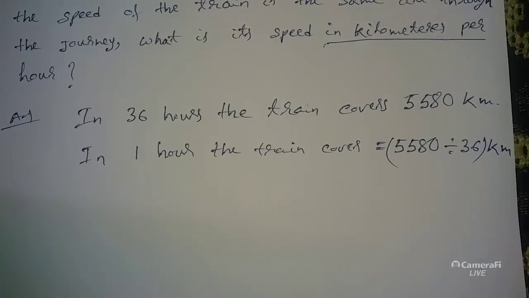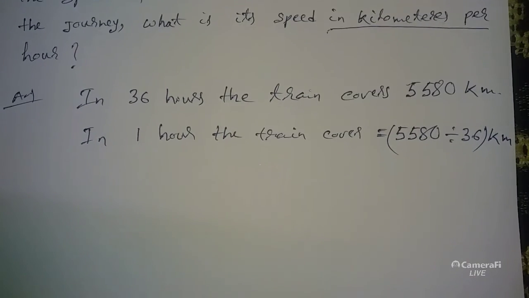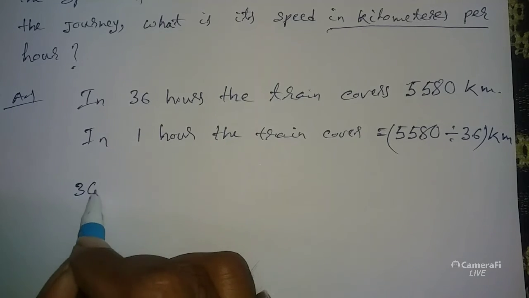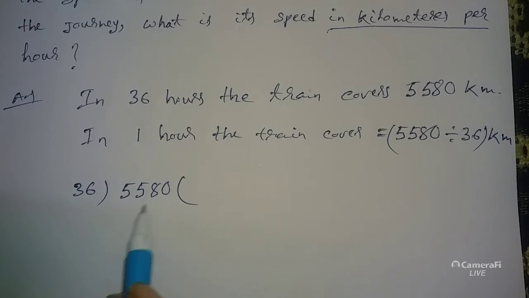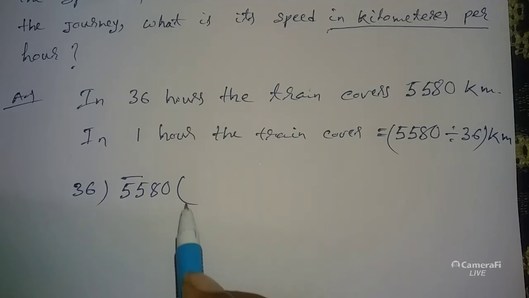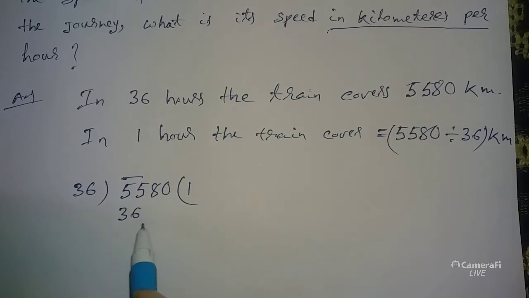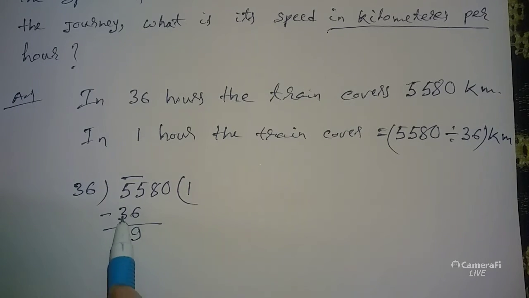Let us divide it by 36. We will divide 5580. Take 2 digits, 55. 36 1s are 36, 36 2s are 72, so 1, 36. Subtract, 6, 9, 15, 1 carried from here, 19. Now take the next digit 8.